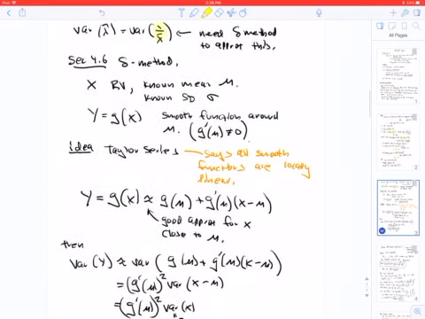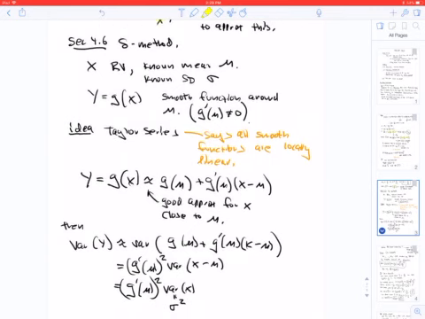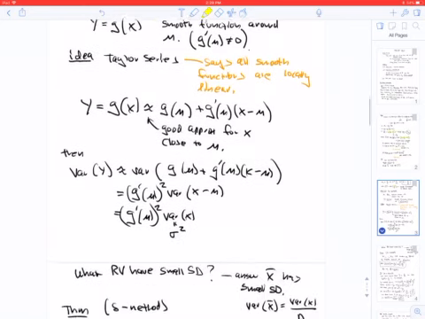So now we're going to do a slight diversion on the delta method. This is section 4.6. So we have a random variable with some known mean and SD, let's say. We have a smooth function G around mu, and G prime mu is not 0.